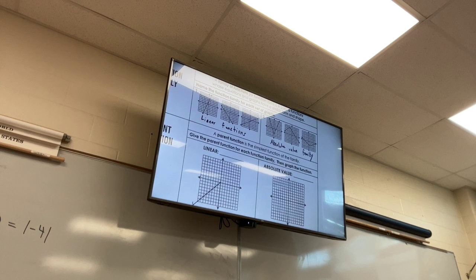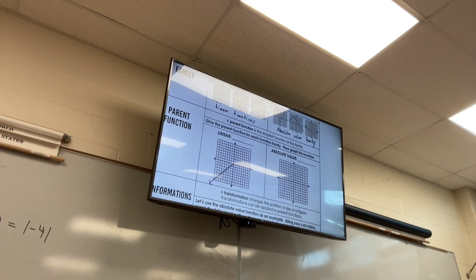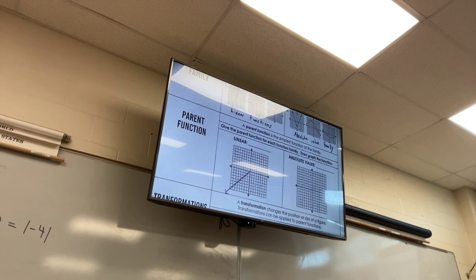The parent function is going to be the simplest function in a function family. For linear functions, the simplest linear function is f of x equals x. I actually drew half of it here. It's got a slope of 1 and a y-intercept of 0, so it's just a straight diagonal line like that. The most basic absolute value function is f of x equals the absolute value of x.